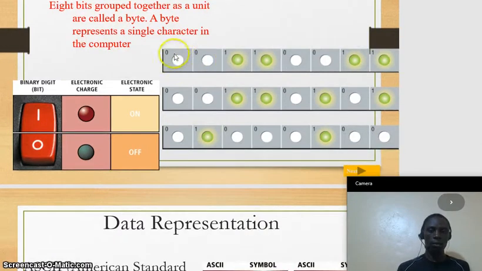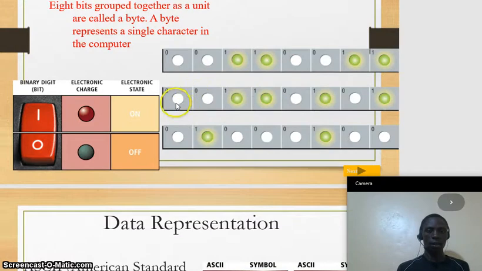So for example here, look, 0 is off. Yes, 0, that is, the state is off. 1 is on. 0 is off. 1 is on. So that is how the computer represents its data.